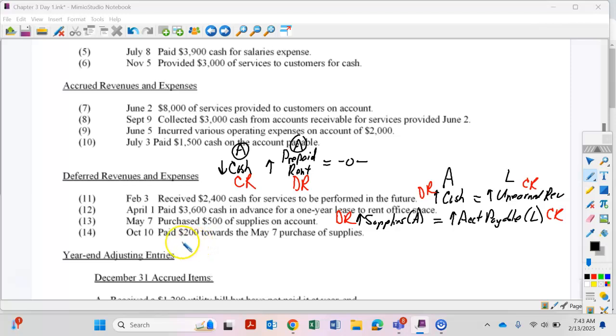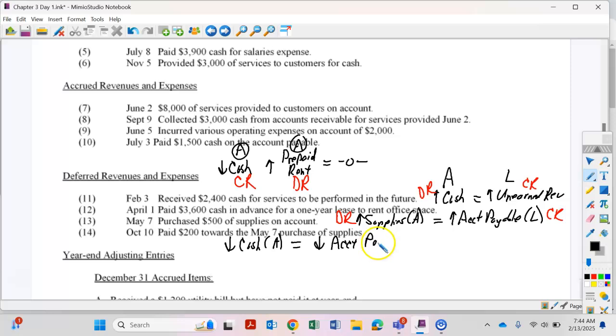And the last one, pay $200 toward the purchase of supplies. So we're going to pay cash, so cash will go out, which is an asset. Now, we're not using the supplies. Nothing has happened to the paper and pencil and all that. We're paying cash on this accounts payable. So the purchase of supplies, we bought it on account, so that accounts payable is going to go down.